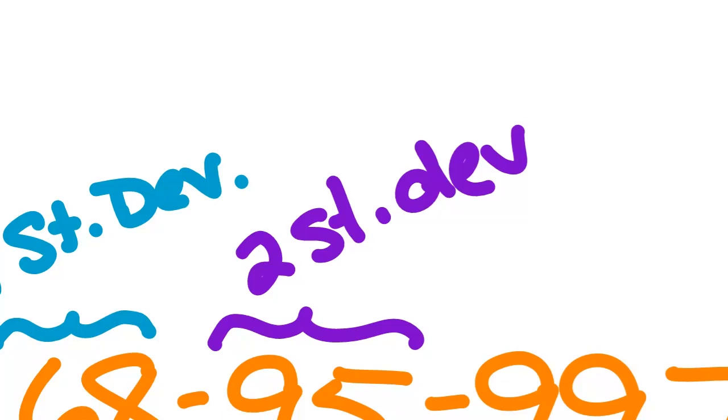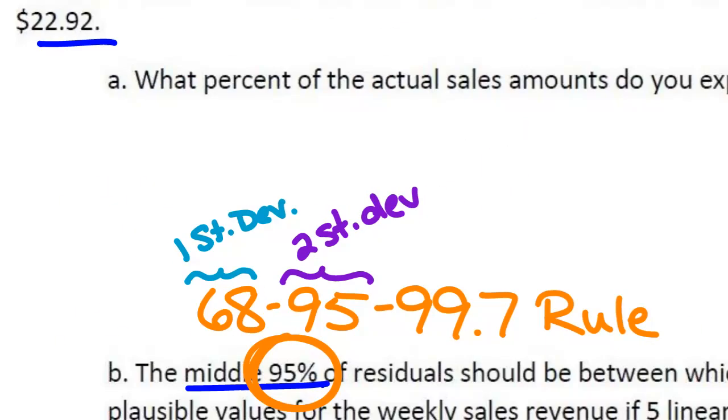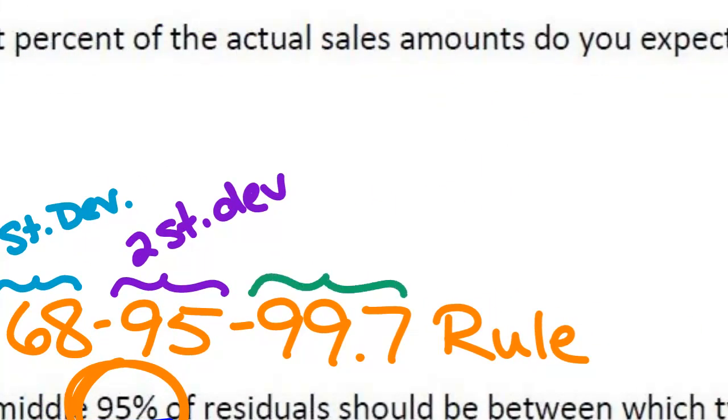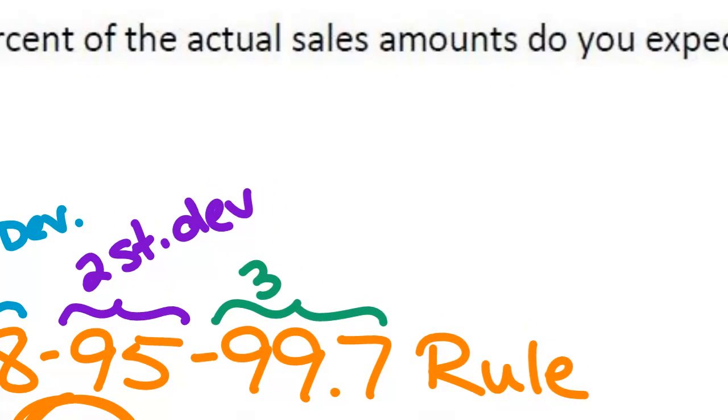Approximately 95% will fall within 2 standard deviations of the mean. And approximately 99.7% of all the data falls within 3 standard deviations of the mean.